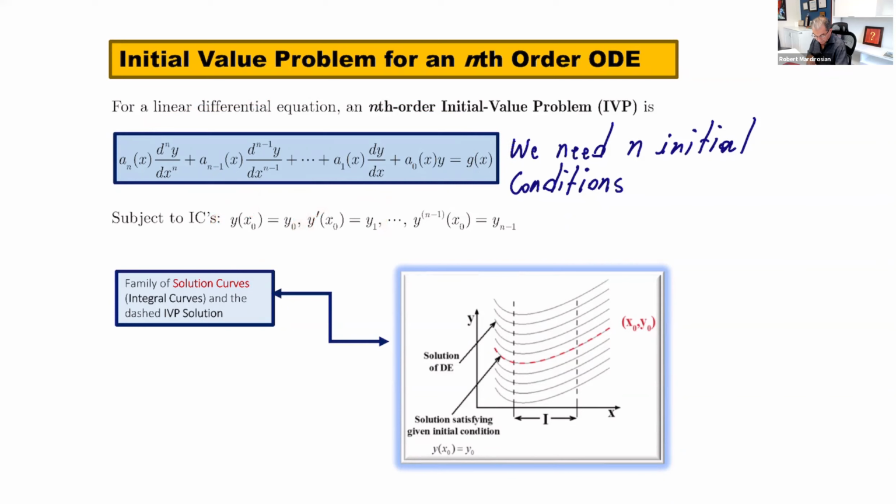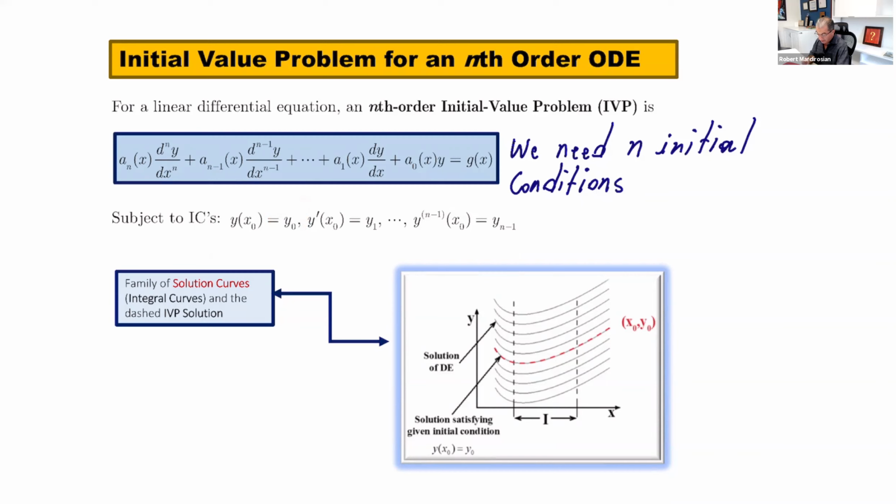Y of x0 equals y0, and so on. The important thing to understand here is that it's an nth order differential equation, and how many initial conditions we have to have. We start from 0 to n minus 1, and this is just n.